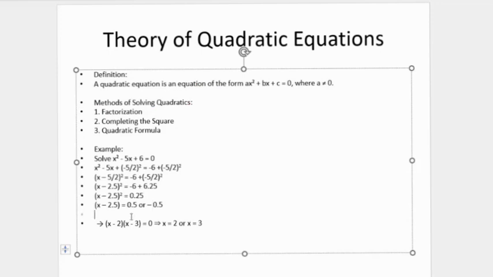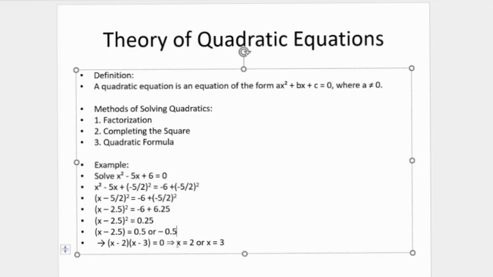So you see that using this method, you still arrive at the same answer that we had when we did the factorization. And of course, this shows that either method works, but for cases where factorization cannot work, then you have to use either completing the square or the quadratic formula method. I've shown you that either one of them, you still arrive at the same answer.